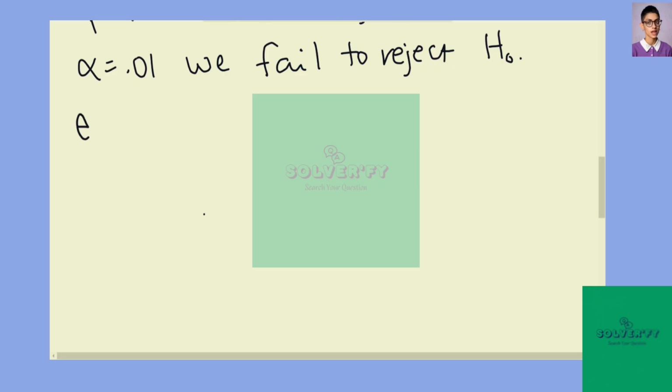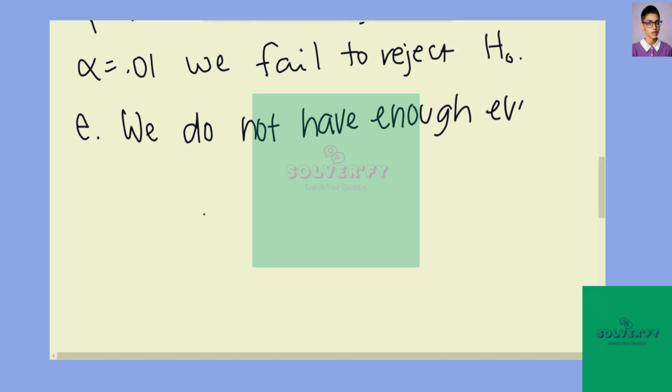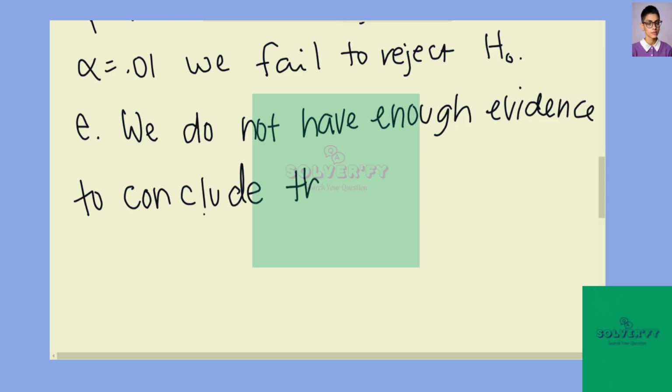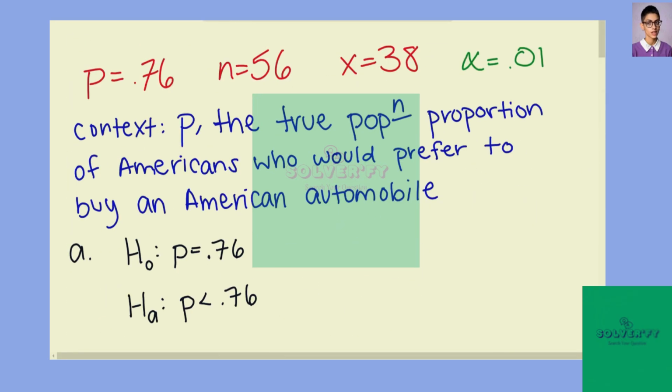So to summarize, we say that we do not have enough evidence to conclude that. Then I had written the context up here as p, the true population proportion.